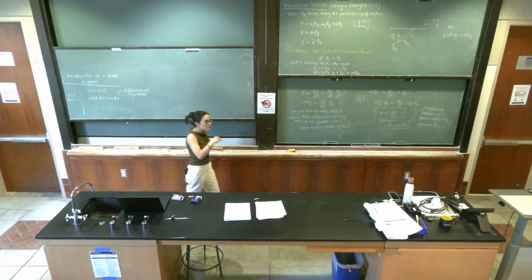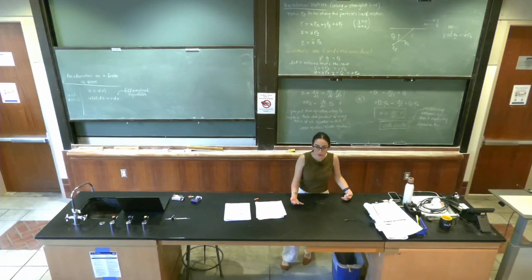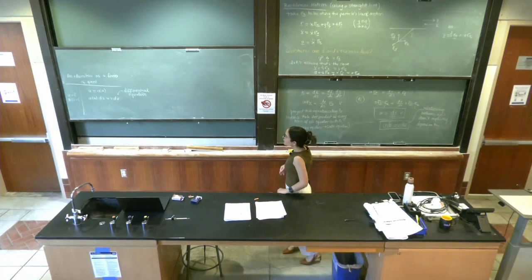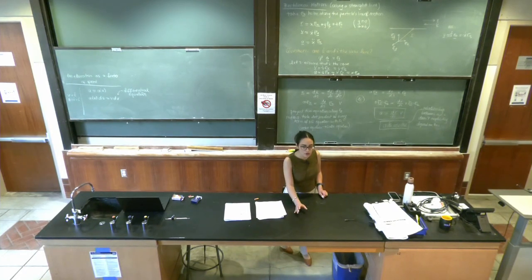Okay, so if you're solving an algebraic equation, x is equal to 2x plus 4, you solve for the variable x. If you're solving a differential equation, for example, A of V ds is equal to V dV, what are you solving for exactly? What's the solution going to be for a differential equation? Is it going to be a variable equal to a number?